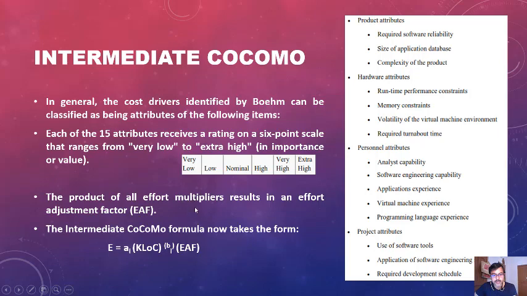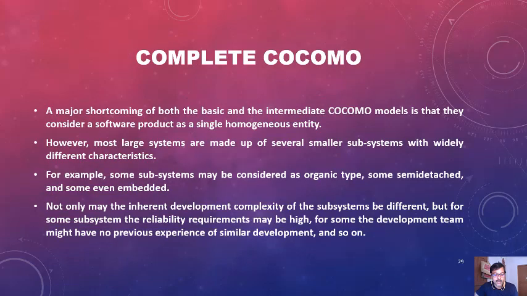The next type of COCOMO is called complete COCOMO. A major shortcoming of both the basic and intermediate COCOMO models is that they consider a software product as a single homogeneous entity. But in real life, most large systems are made up of several smaller subsystems with widely different characteristics.